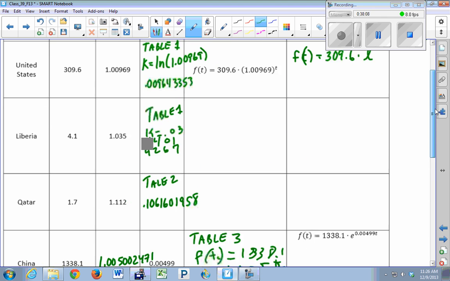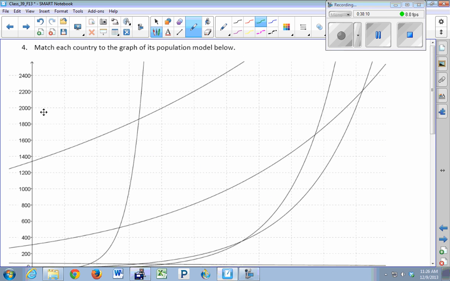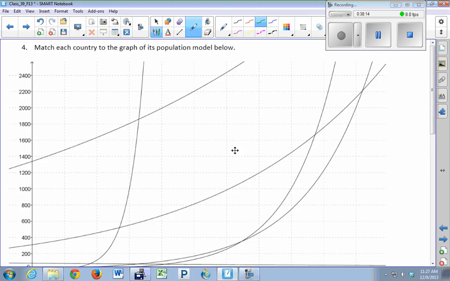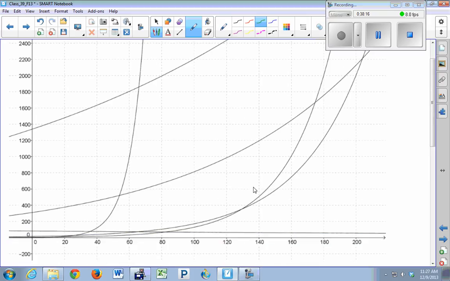And now see if you can match the country with each individual graph here. See if you can label which one's China, which one's the United States. This is your population in millions. And this is the number of years since 2010.